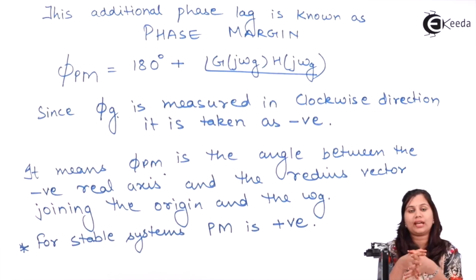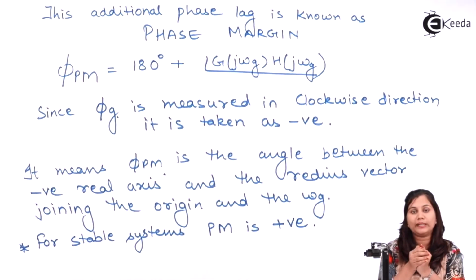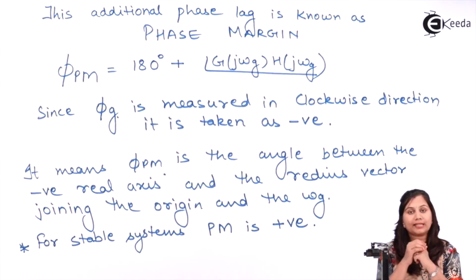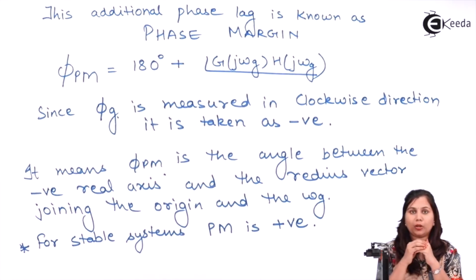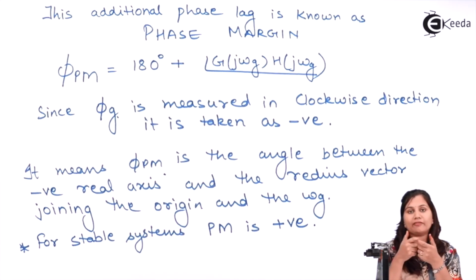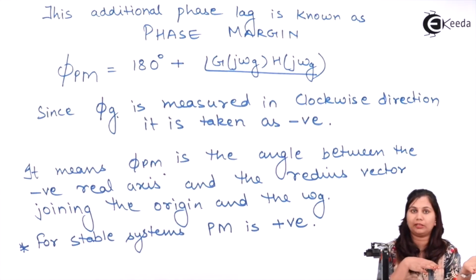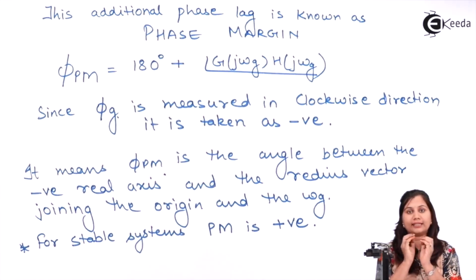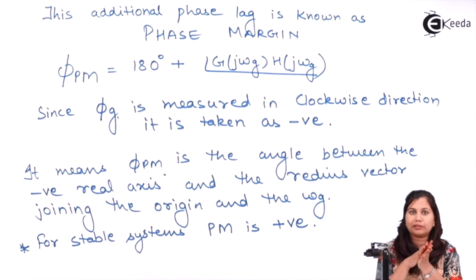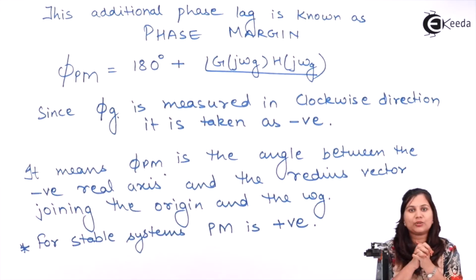So in this video we have studied how we can calculate the gain margin and the phase margin from polar plots. Gain margin is 20 log to the base 10 of M, where M is the magnitude, so it is the gain. It is the amount by which we have to increase the gain so that the system goes to the verge of instability. And the phase margin is the additional phase lag so that the system goes to the verge of instability. So I hope this video is clear to you.